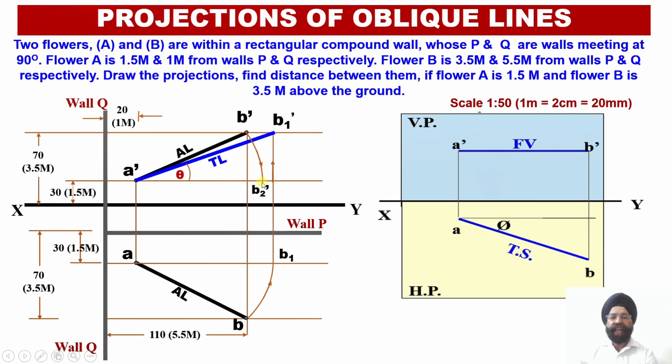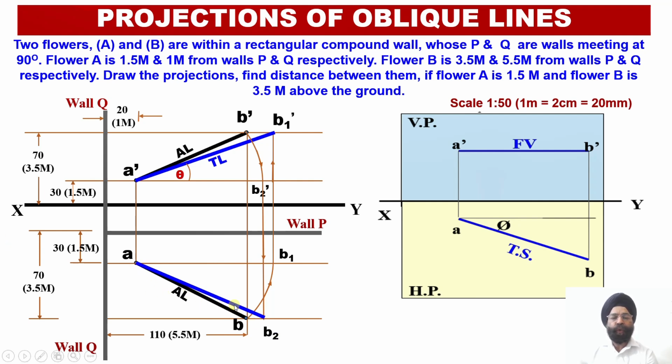Through B2 dash, once again you can check the direction. We have drawn this vertical projector line such that it is extended up to the horizontal locus line corresponding to the point B. Wherever these two projector lines intersect, over here we have got the point B2 in the plan. Once we obtain this point B2 in the plan, we have joined A with B2.